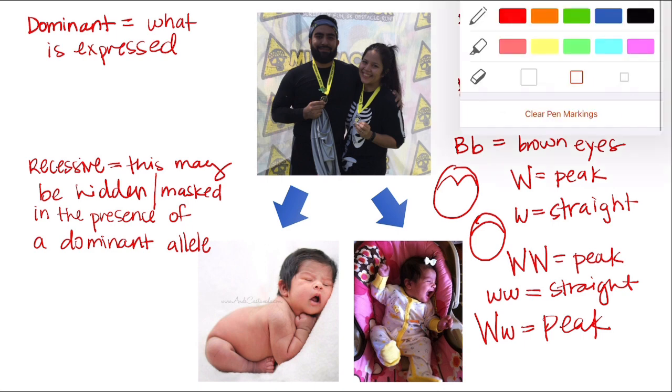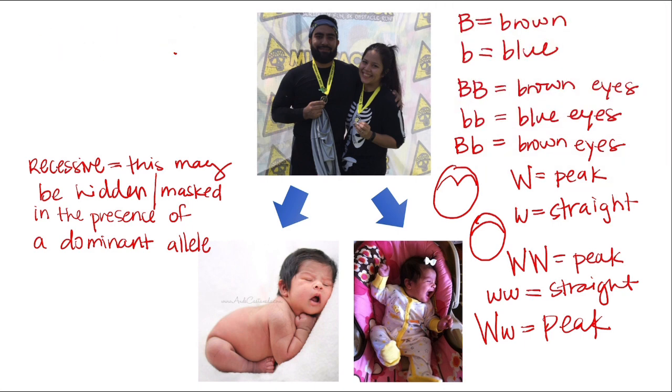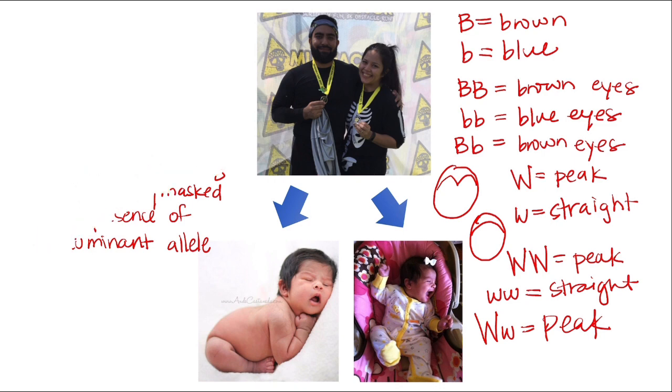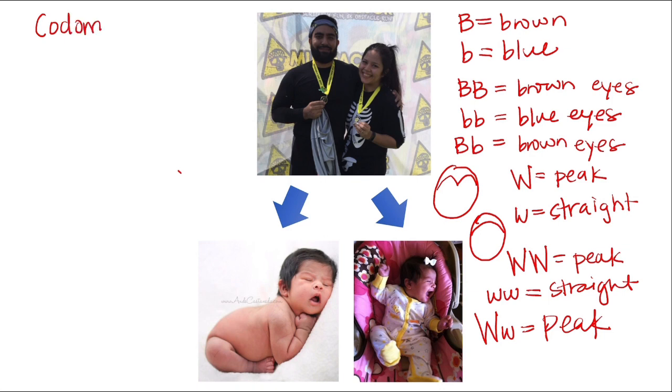Now, to determine blood type, the kind of genetics that determines blood type is a little bit more complicated. Blood typing, or blood types, are determined by something called codominance.